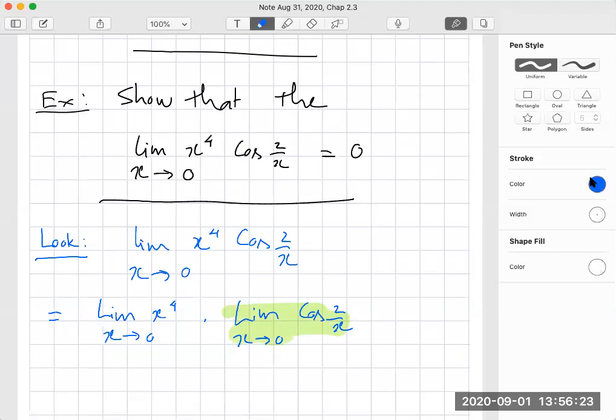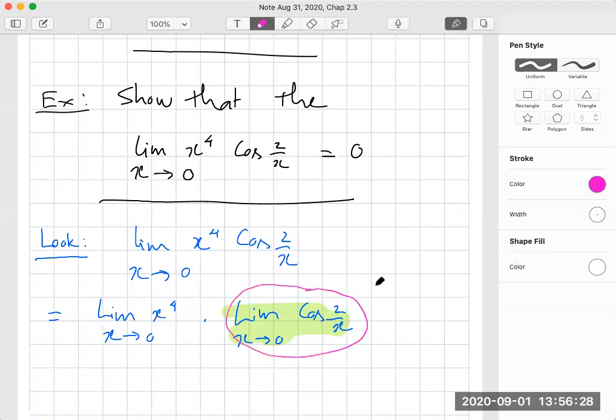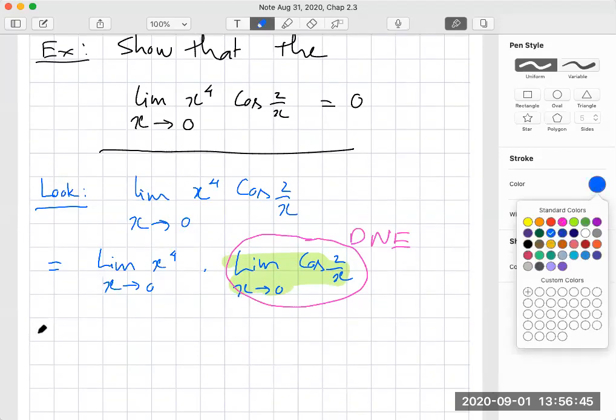Okay? And then he concludes that no matter what it is multiplied with, the limit does not exist. What do you think about this?